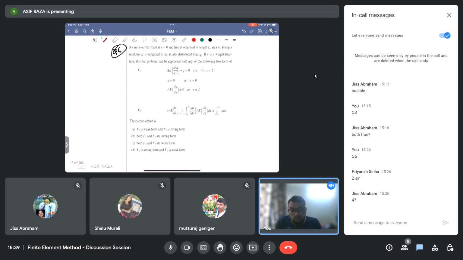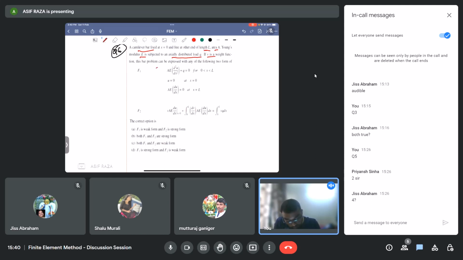So sixth question, we have a cantilever bar fixed at x equal to 0 and free at the other end, of length L, area A, Young's modulus E, subjected to an axially distributed load Q. If v is a weight function, this bar problem can be expressed with any of the following two forms.